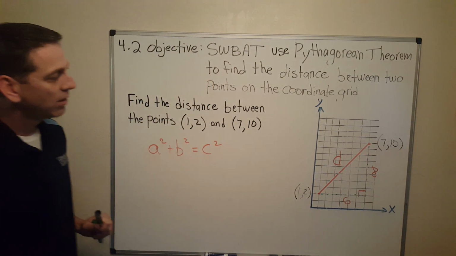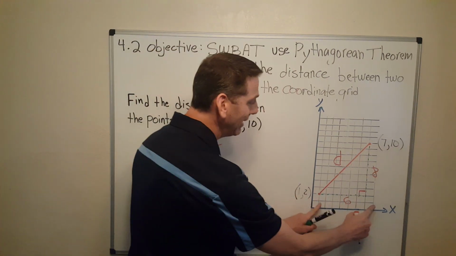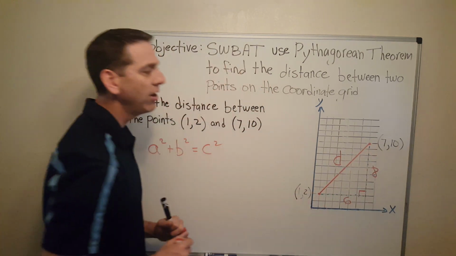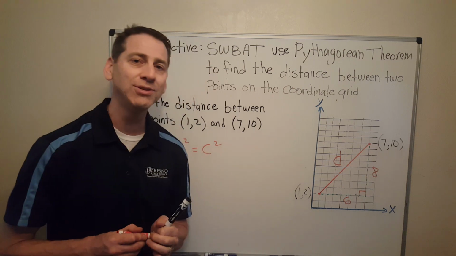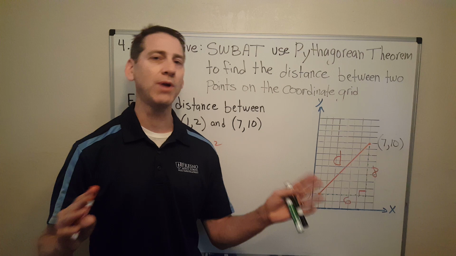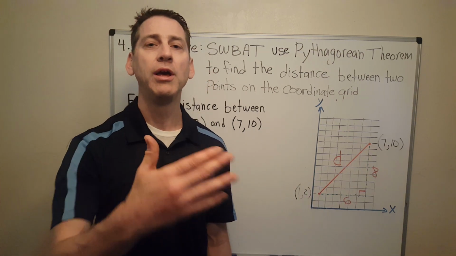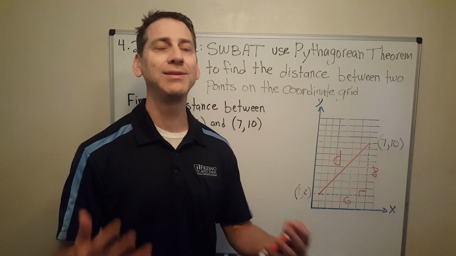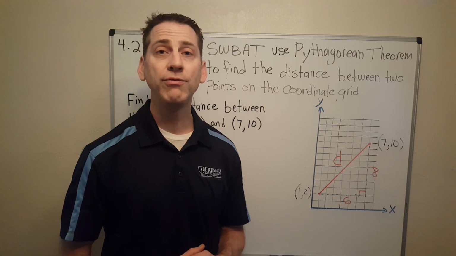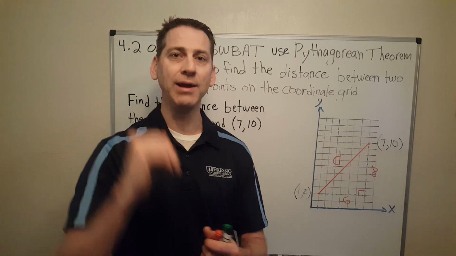Now, I want to show you how we can get the 6 and how we can get the 8. Anytime I want to measure the distance between 2 points, all I need to do is subtract the 2 points. For example, if I'm 6 feet tall and you're 5 feet tall, what's the difference in our heights? It's 1 foot. We do that simply by subtracting your height from my height.